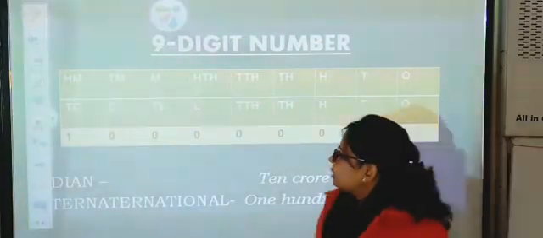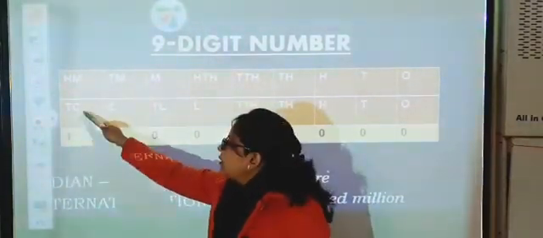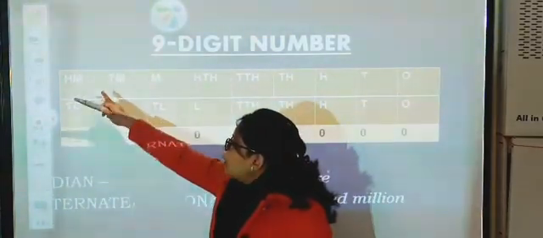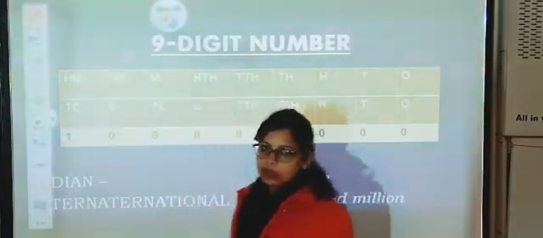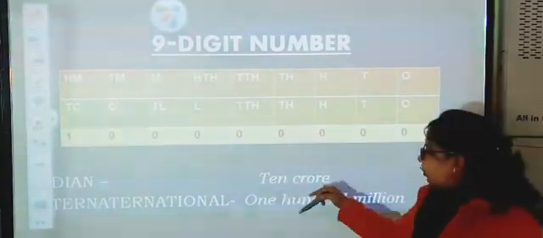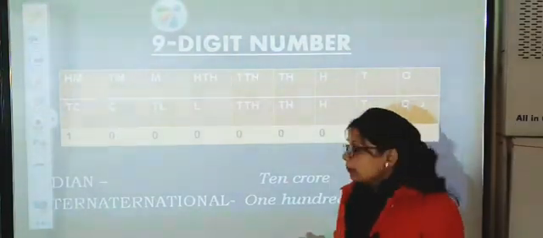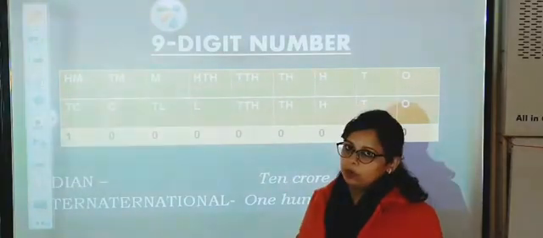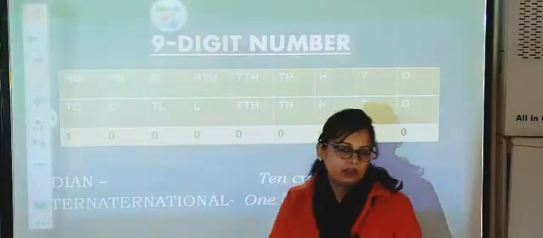Start with the Indian number system. 1 lies in 10 crore, so we will call it 10 crore, and according to the international number system, 1 lies in the 100 millions place value, so it will be 100 million. 10 crore, 100 million. So children, you have seen that in the millions group we don't have lakh, we don't have crore, okay, we have only ones, thousands and millions groups.